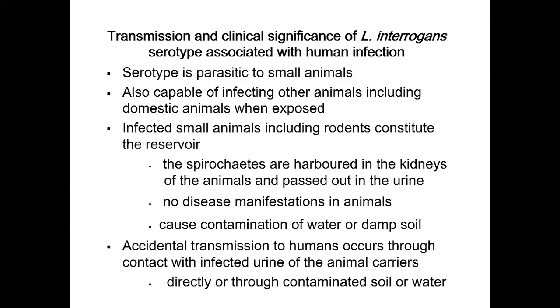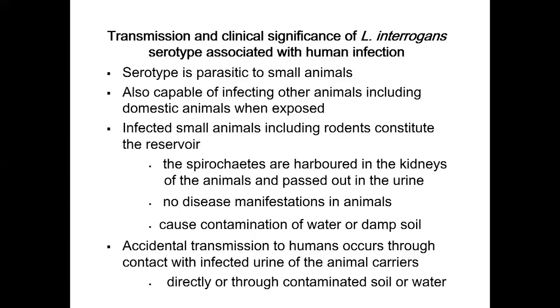And they pass it out, and from there can cause contamination of water or damp soil, where it is infested by rodents. Some of those rodents might be carrying this particular organism and might be passing it out and contaminating the water and the damp soil.